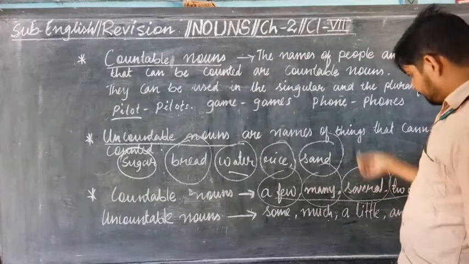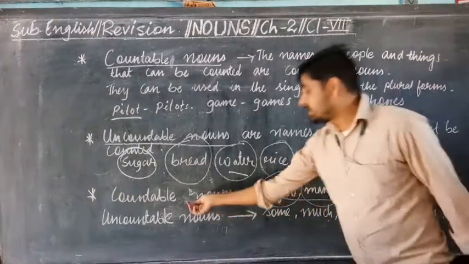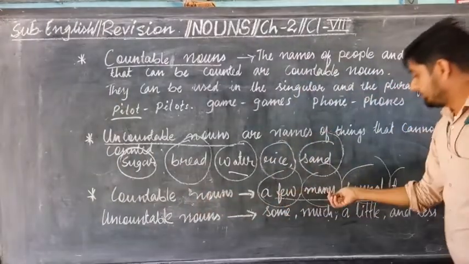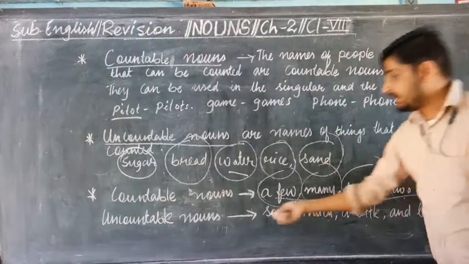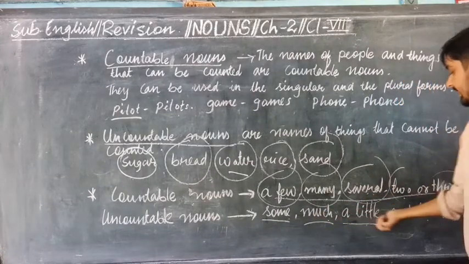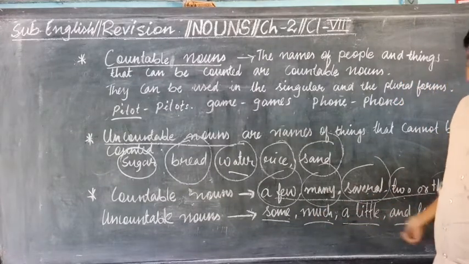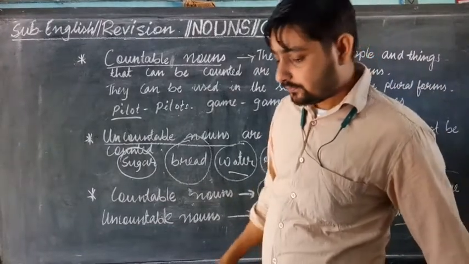These are the words we can use. For countable nouns, we can use a few, many, several, two, three, or four. For uncountable nouns, you can use some, much, a little, and less. These are the things in chapter 2.